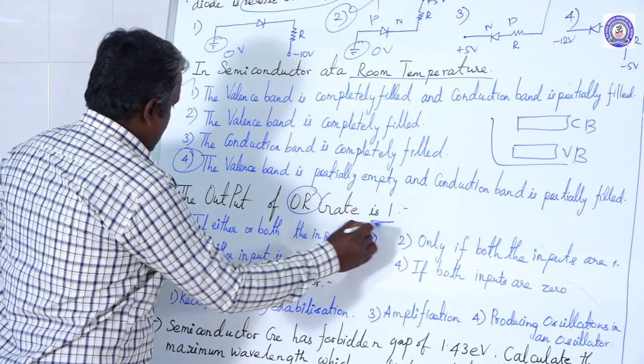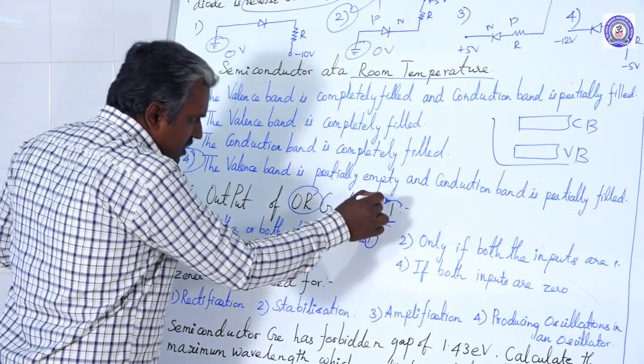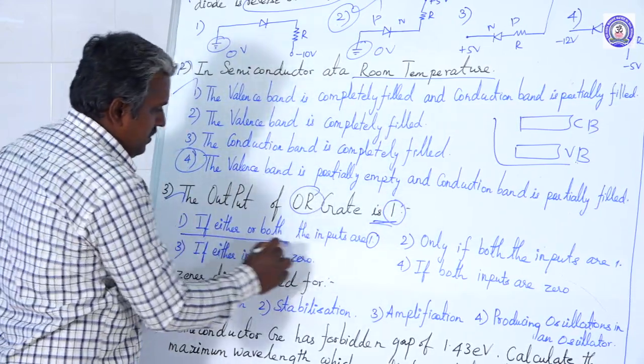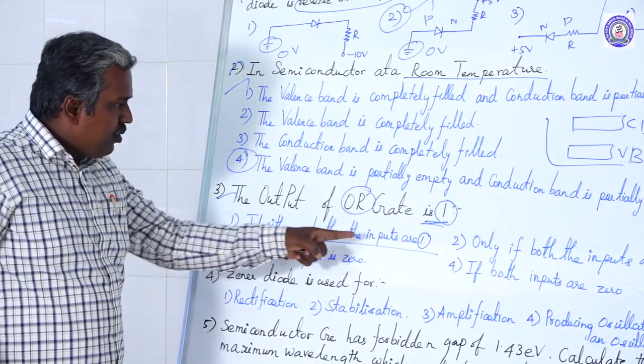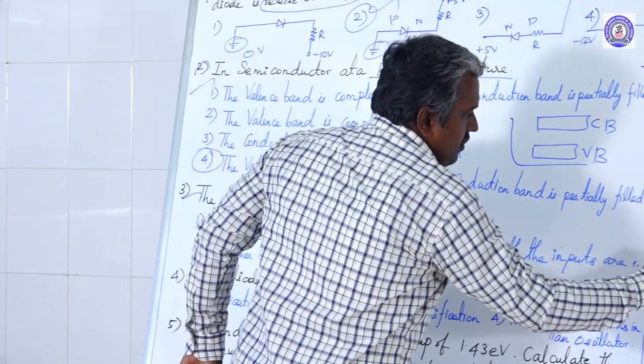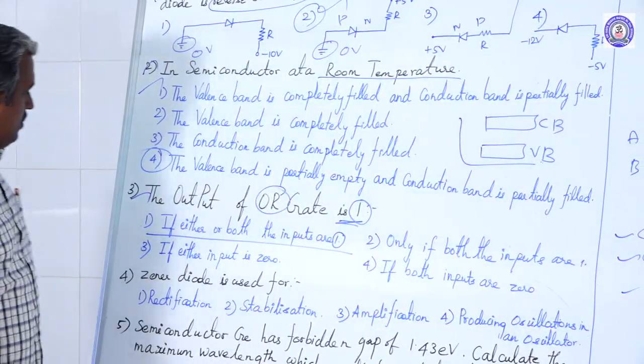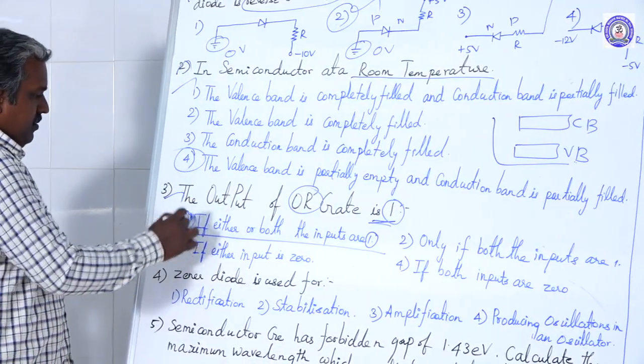So the output of the OR gate is 1 when, first option, if either or both inputs are 1. Okay, so that is option 1.